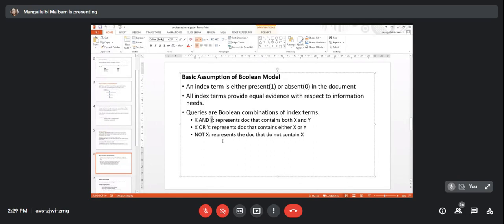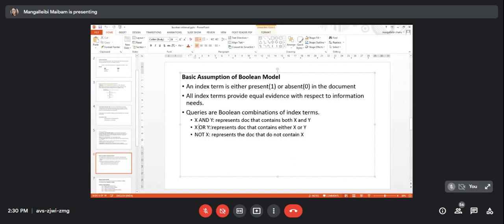Name is a term, right? We check whether name is present in document D1, represented by X, and whether name is present in document D2, represented by Y. If name is present in both D1 and D2, the operation will be X AND Y.